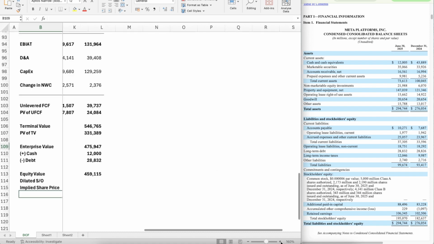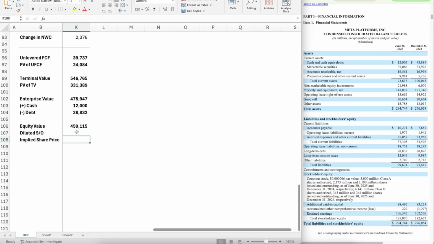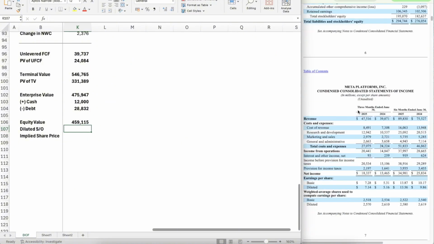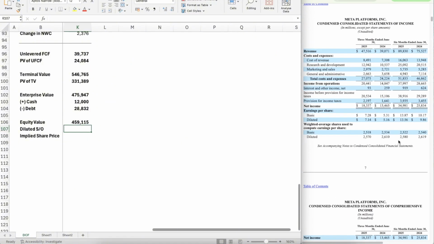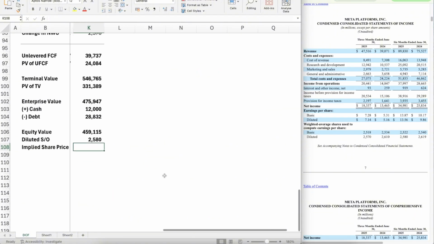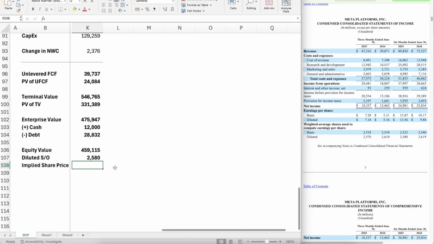I'll zoom in. There we go. Okay. So the diluted shares outstanding are on the income statement here. 2580. You can all see that. Now, the implied share price, you just go equity value divided by the diluted shares outstanding, 178.